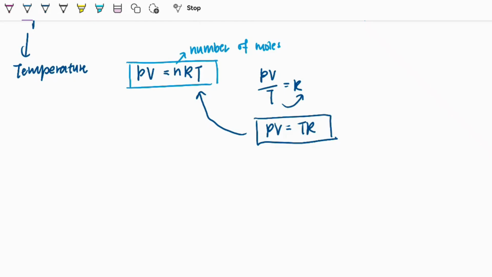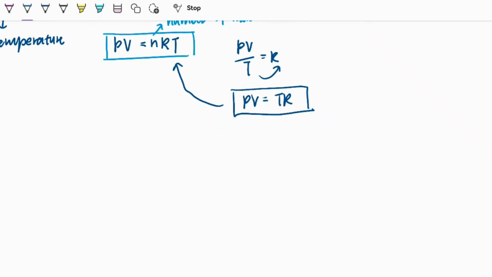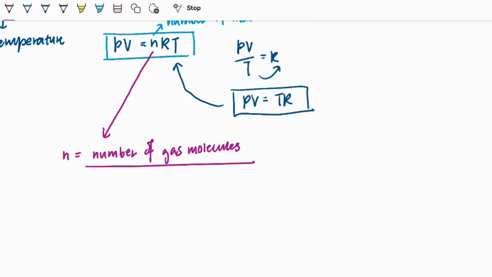Now what if they give you the number of gas molecules? If you have taken chemistry, you might know this, but if you have not taken chemistry, that's okay. No worries, we'll do it together. There's a formula: number of moles equals number of gas molecules over Avogadro constant.